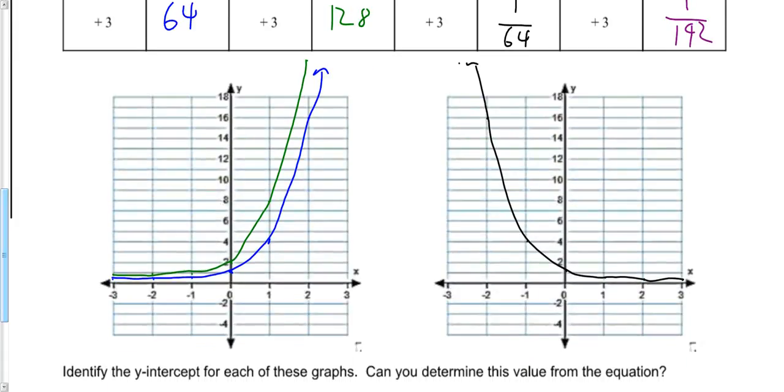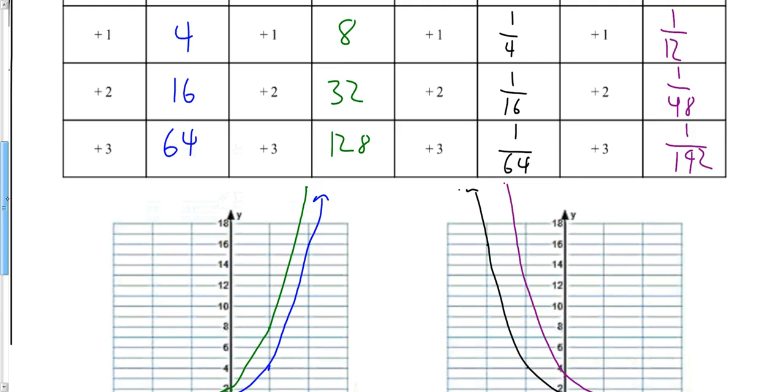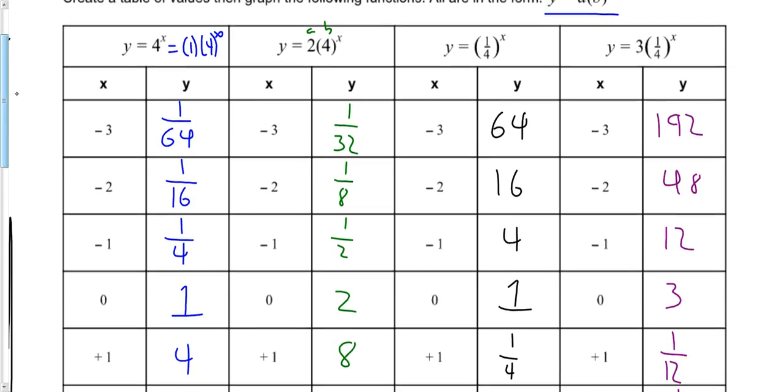So we've got 3, 12, and then somewhere way up here. And then it goes up. So again, some interesting things that we can note right off the bat is that if you compare the graphs, you see that whatever the a value is, that actually happens to be the y-intercept.